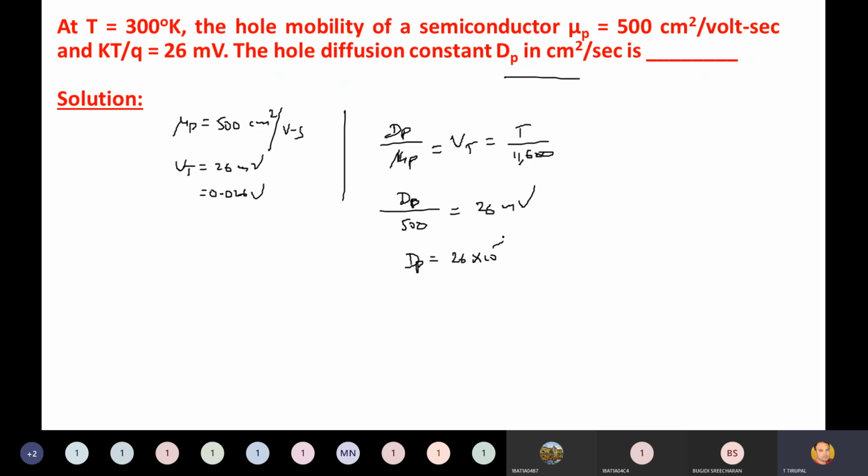26 into 10 power minus 3 into 500. That is equal to 26 into 0.5. How much? Answer? 13 centimeter square per second. Answer.